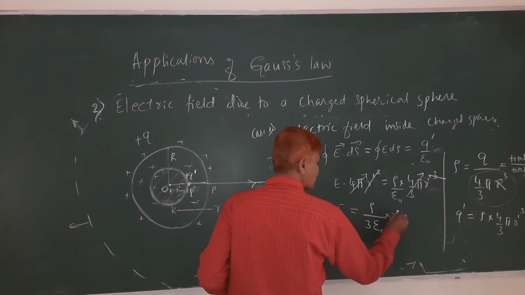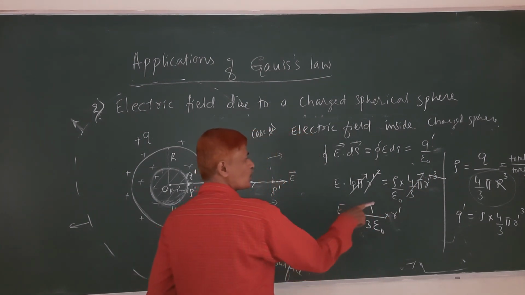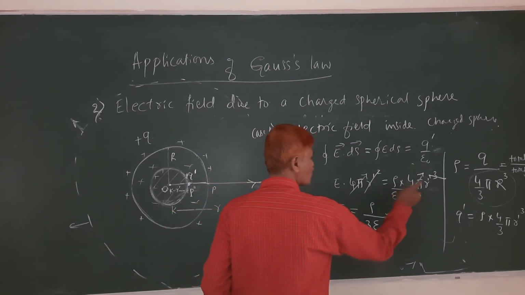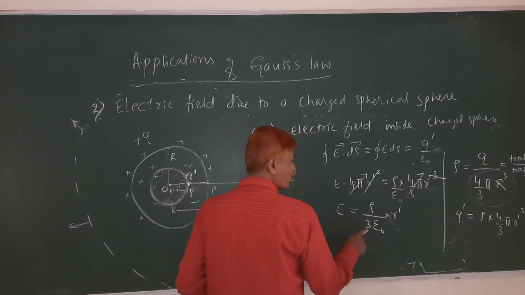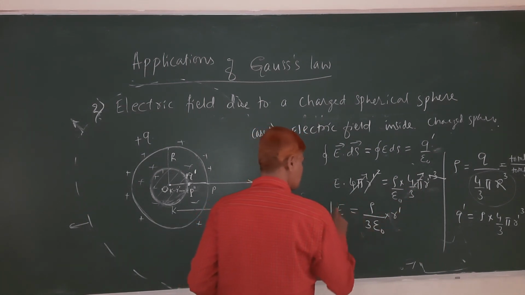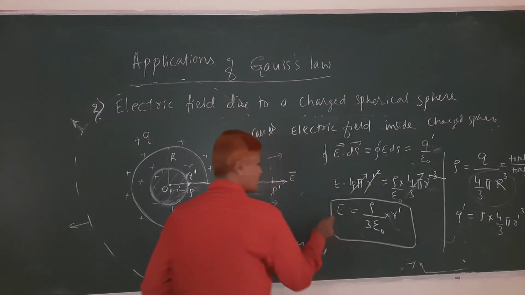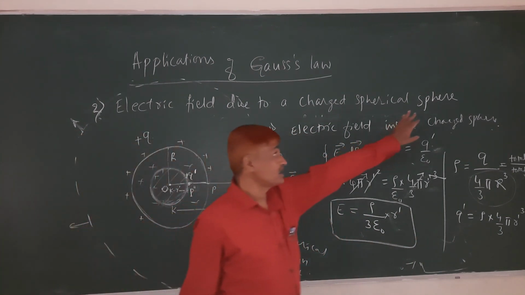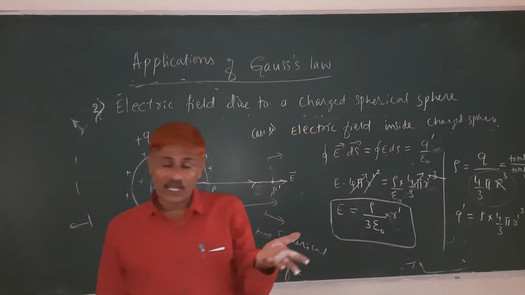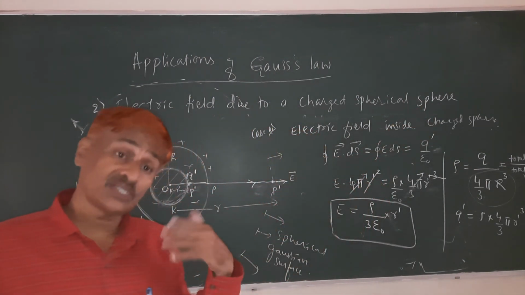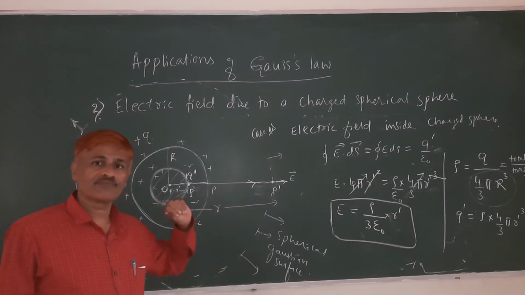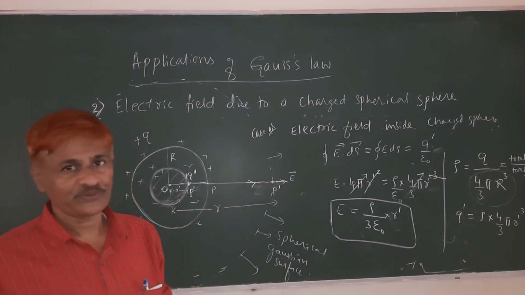So E is rho divided by 3 epsilon naught into r dash. E is the electric field inside the charged sphere. You should be careful whether they asked for a charged sphere or a charged spherical conductor. Okay. Now is it clear? Okay. Thank you.